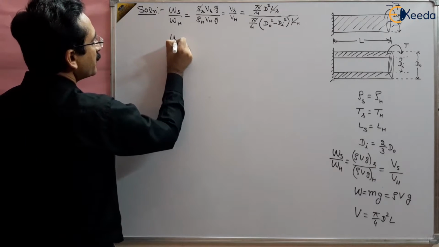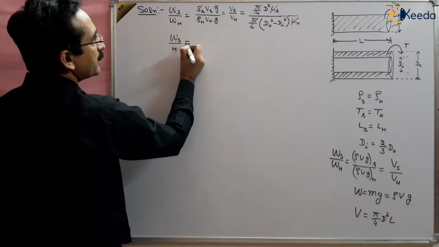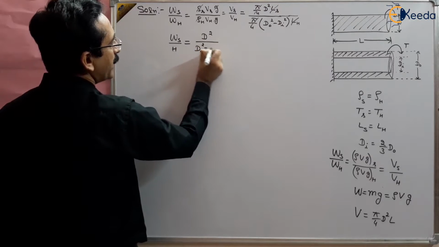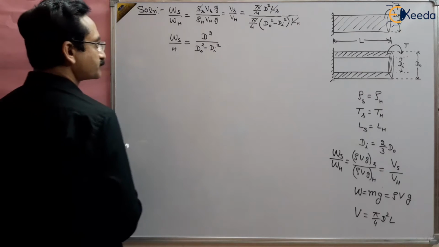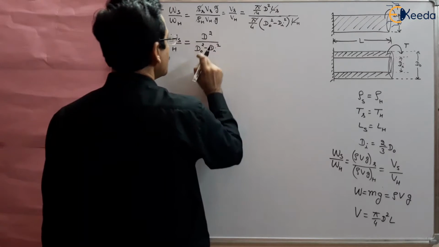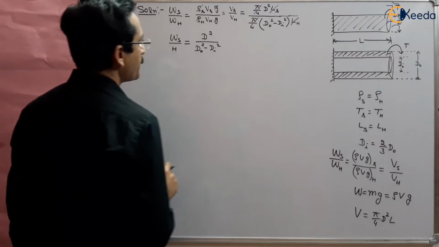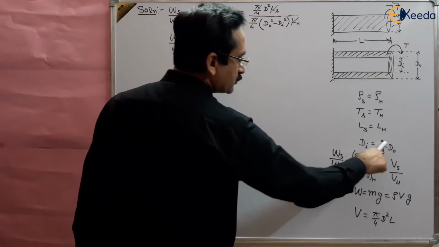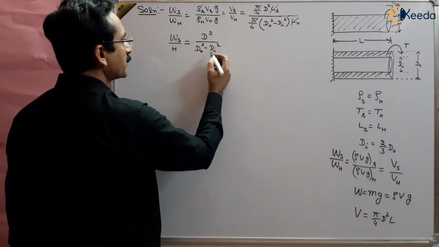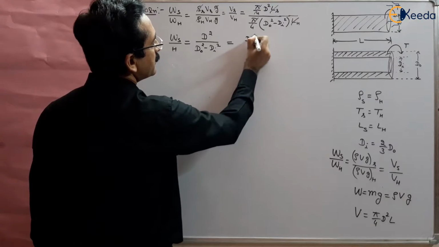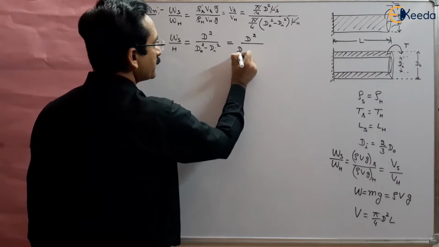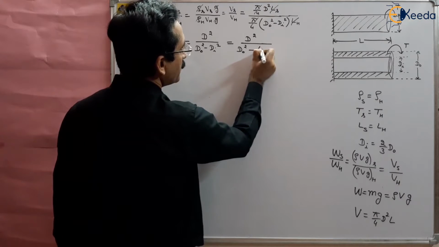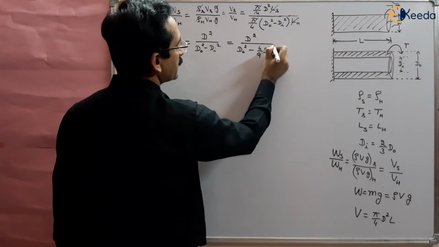So basically weight ratio is given by d square by d naught square minus di square, right? D square by d naught square minus di square, isn't it? And you know that it is given that di is 2/3 of do, so we can write d square upon d naught square minus di, which is 2/3 of do. We can write 4 by 9 of do square.